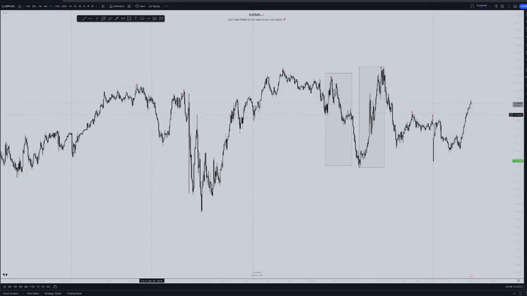Looking at this chart, when it comes to money transfer, I want you guys to understand one thing. When they say transferring of money, the basic understanding is when the market is moving in an uptrend, and the uptrend is going consecutively, that means we have a break of structure here.